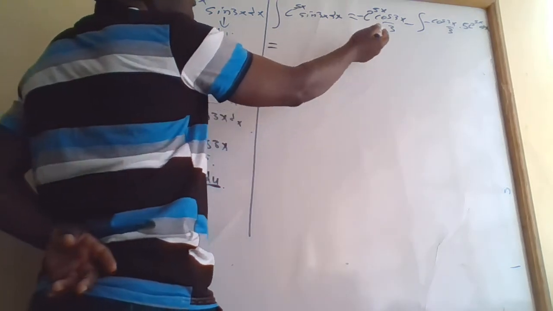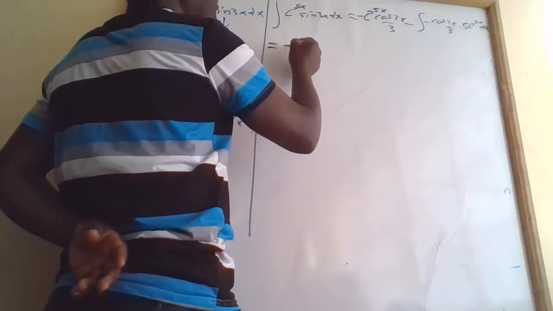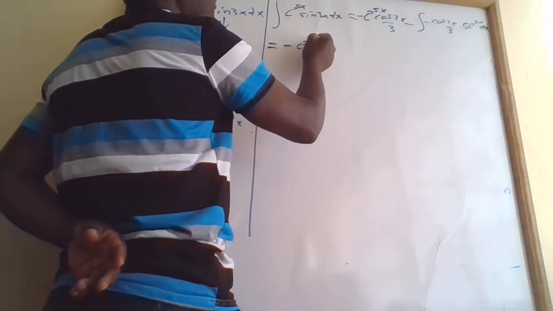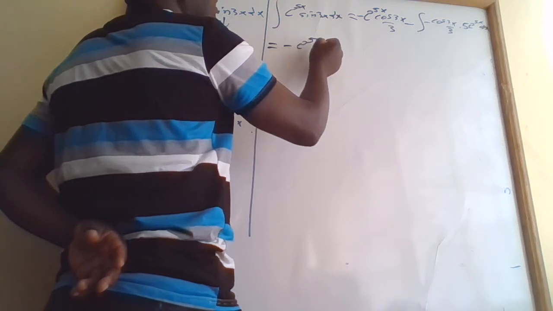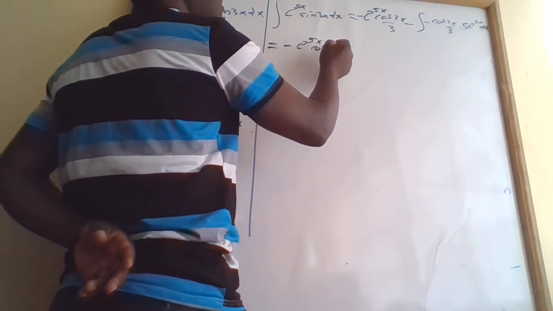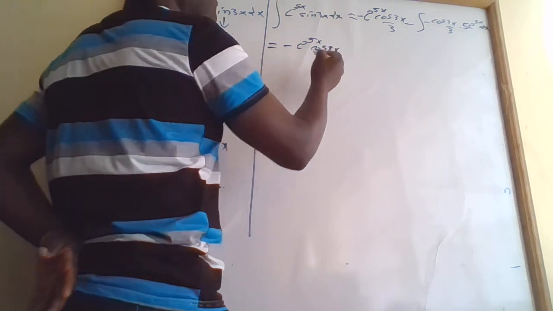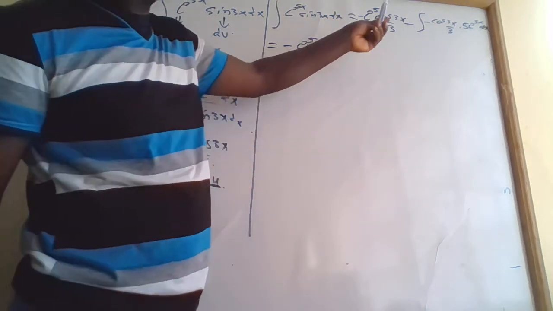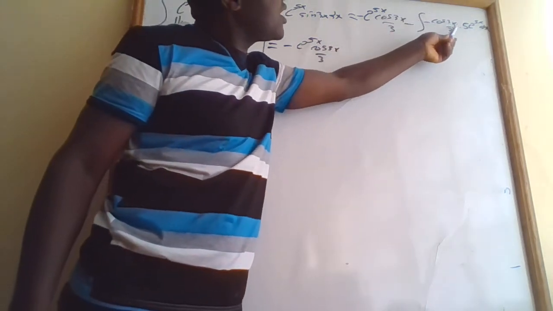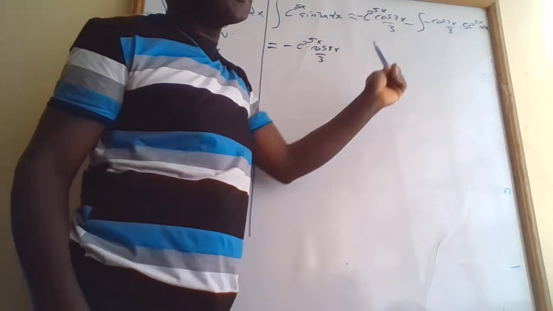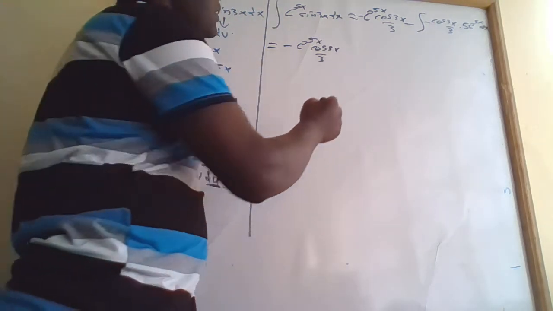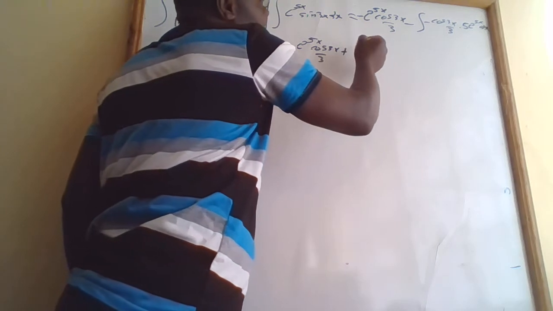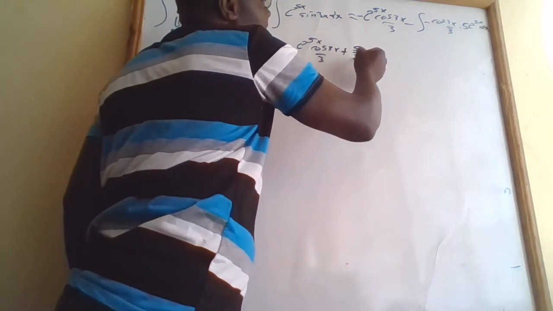Therefore, this equals now minus e^(5x) cos 3x all over 3. You can see we have constants here. We have 5, we have 3, and then negative and negative becomes a positive. Therefore, we have plus, then 5 all over 3.